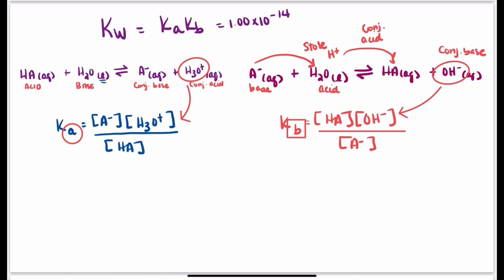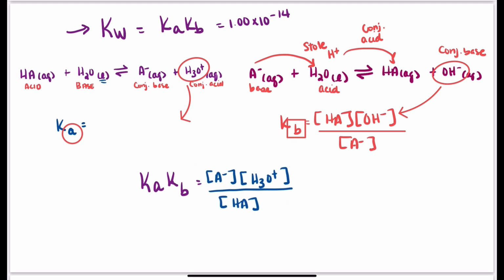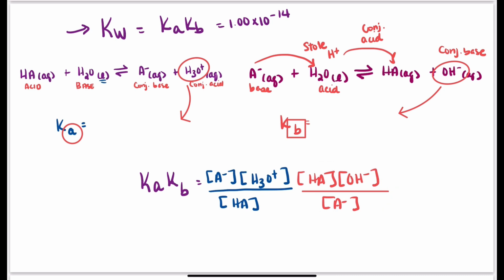Now, what if I multiply these two together, though? If I multiply Ka times Kb, and I'm saying that because I'm telling you up here, I'm multiplying them together, right? Well, let's just move them. This times this. Cancel things out if they're in the numerator and the denominator.